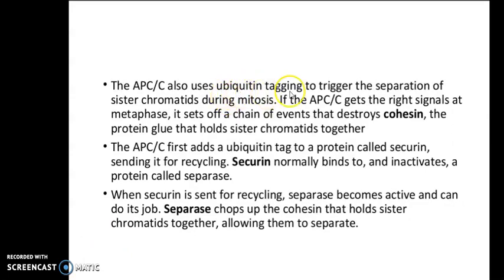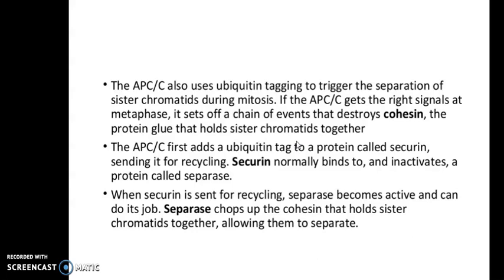Besides M cyclin, ubiquitin tagging is also used to trigger the separation of sister chromatids during mitosis. If the APC gets the right signals at metaphase, it starts off a chain of events that destroys cohesin, the protein glue that holds the sister chromatids together.